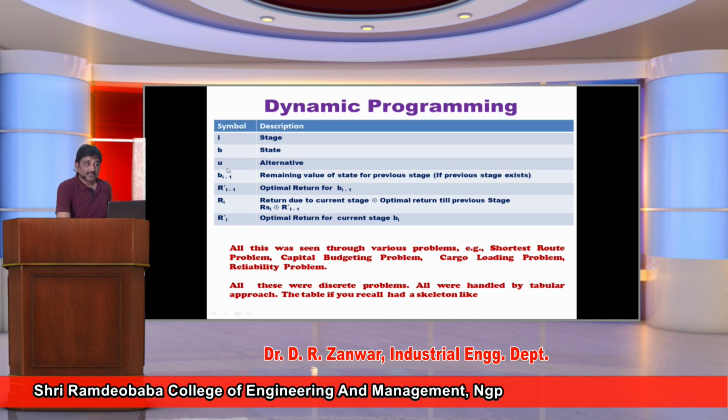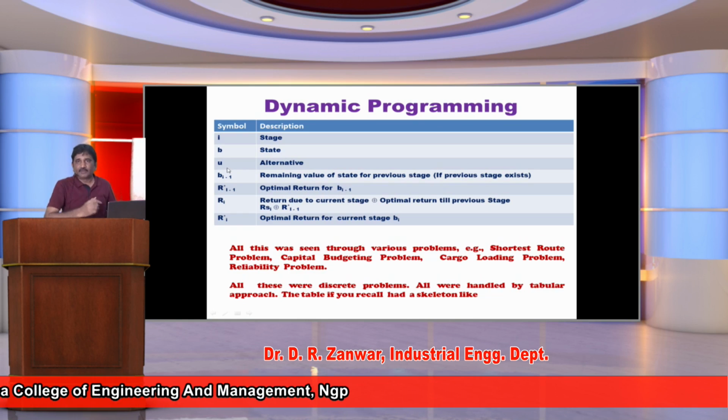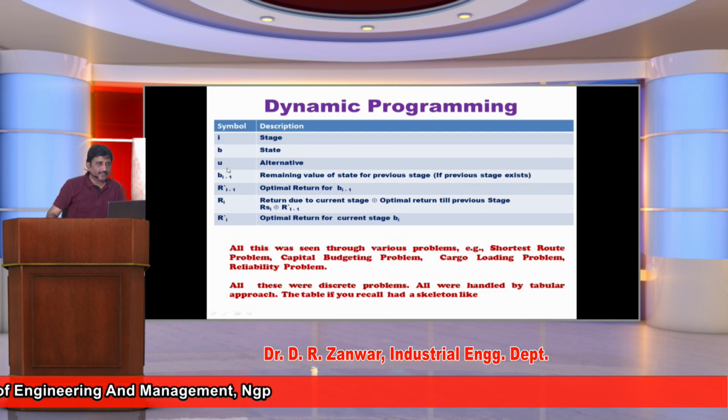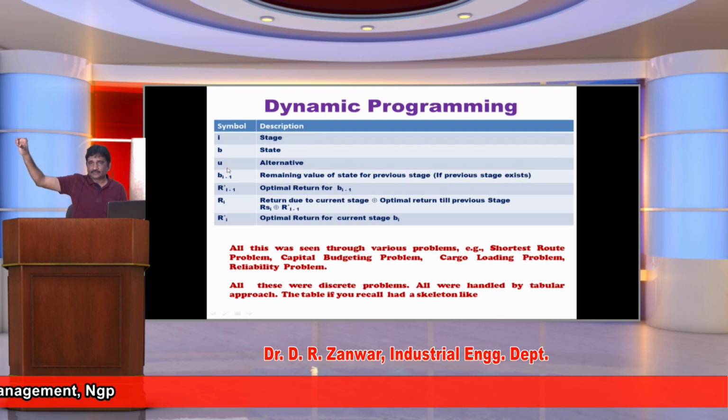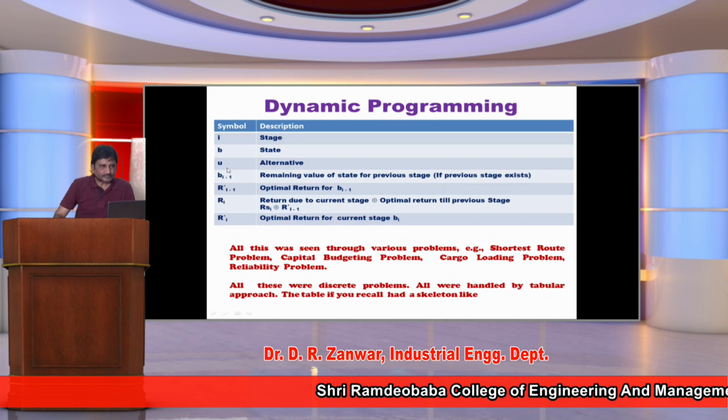Then another thing, we used to write the states this way in our tabular approach, right? Then we used to write alternatives here. Then our return function used to be a function of state and alternative.